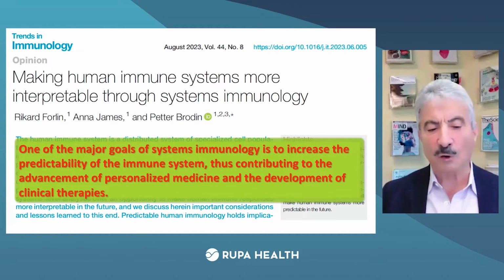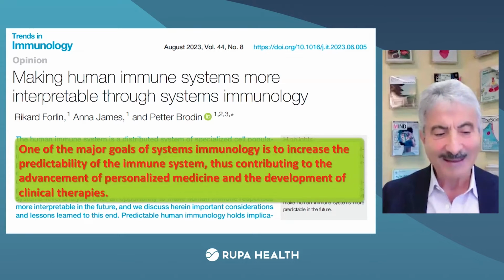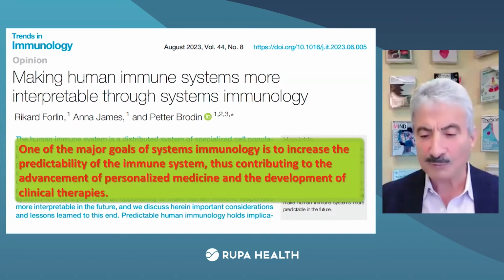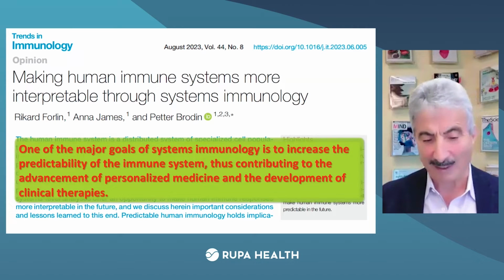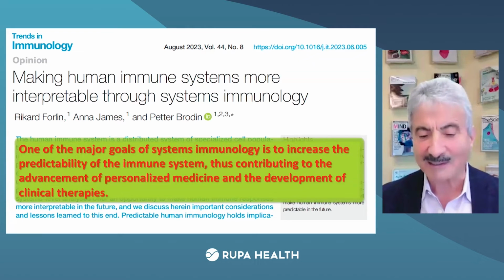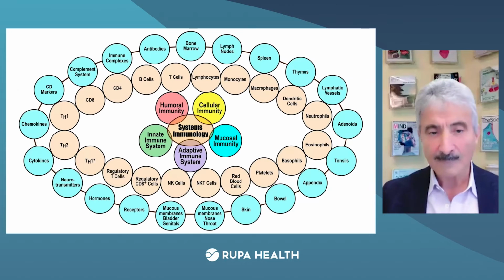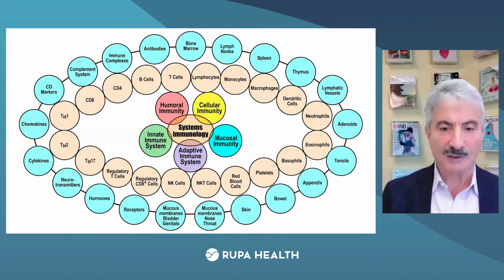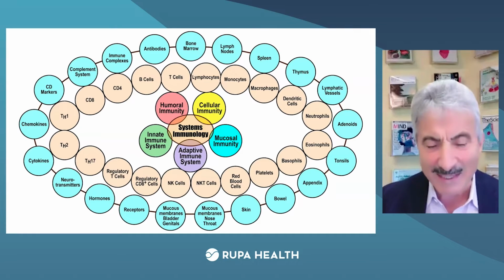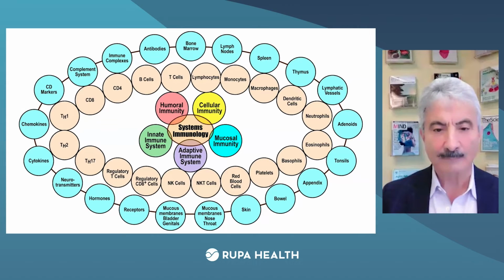So one of the major goals of systems immunology is to increase the predictability of the immune system, thus contributing to the advancement of personalized medicine and development of clinical therapies. For me, this is the picture of systems immunology. Everything is connected and interconnected.